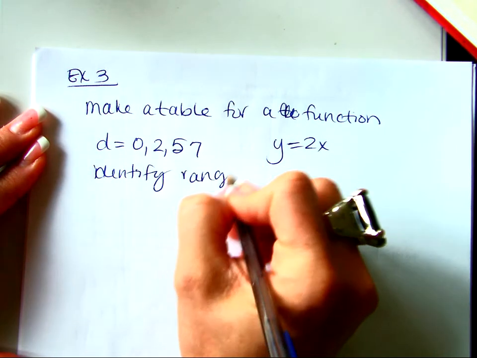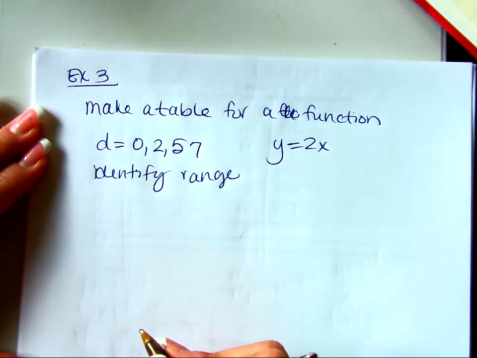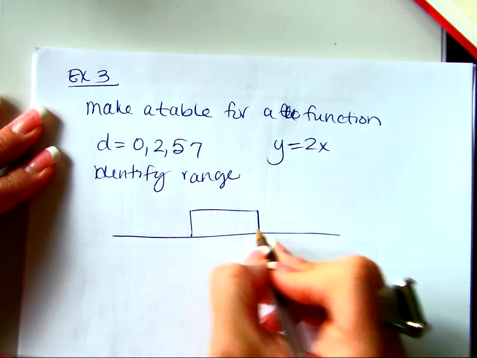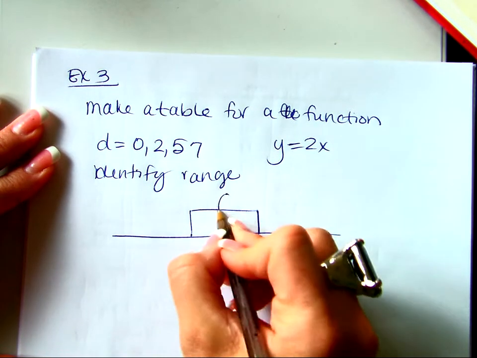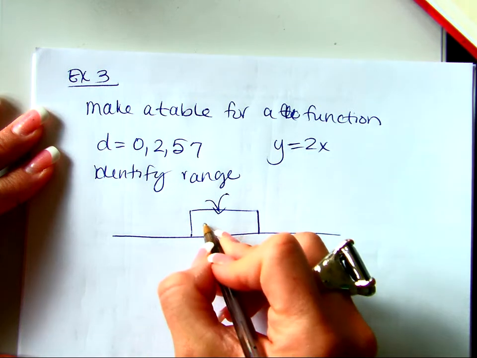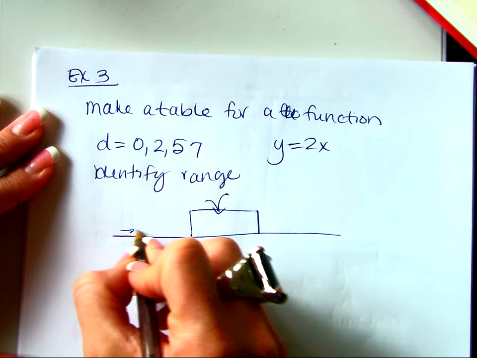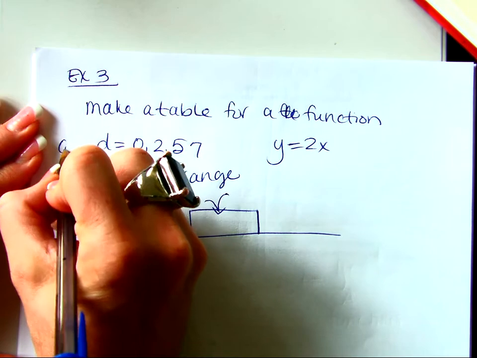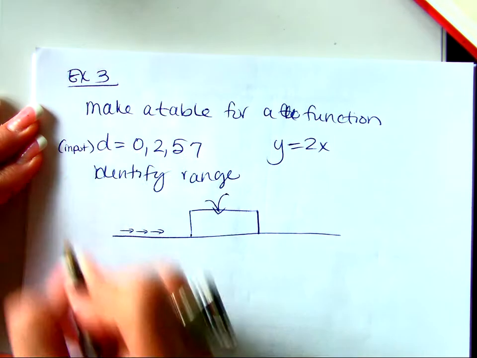Okay? So one thing to think about, in the way that it's explained in very elementary terms, is that this is like a little magic machine in here, and this is a little conveyor belt that keeps moving. And I take an input, because remember your domain is also considered your input.